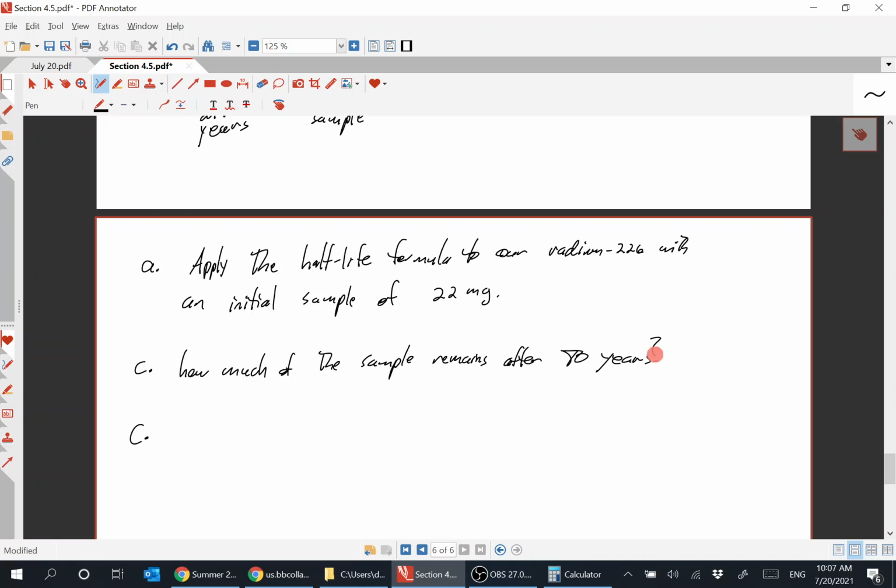And D, after how many years will the sample decay to 18 milligrams?